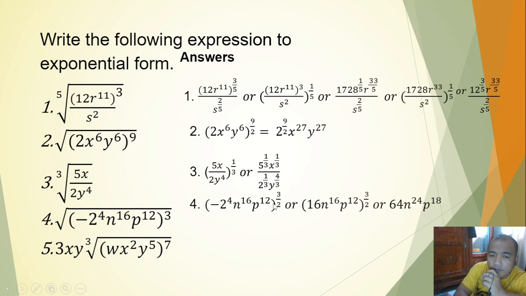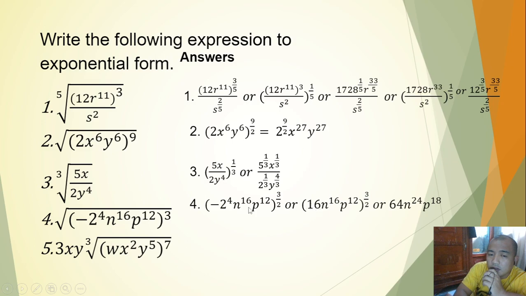Ito naman sa number 4, negative 2 raised to the 4n to the 16th p to the 12 raised to 3 halves, or 16n to the 16th p to the 12 raised to 3 halves, or 64 n raised to 24 p raised to 18. Paano naging 64 yun?